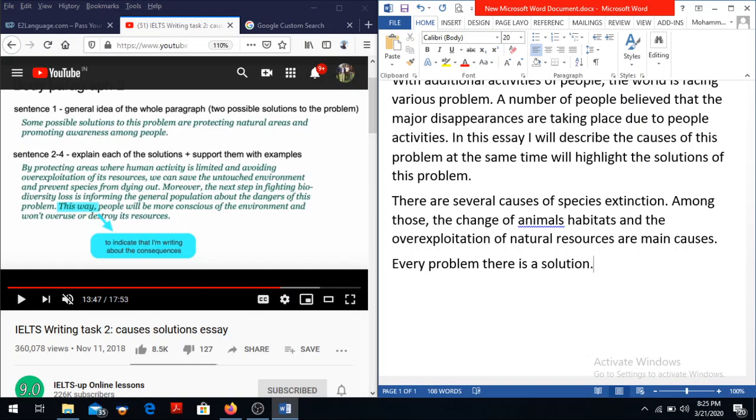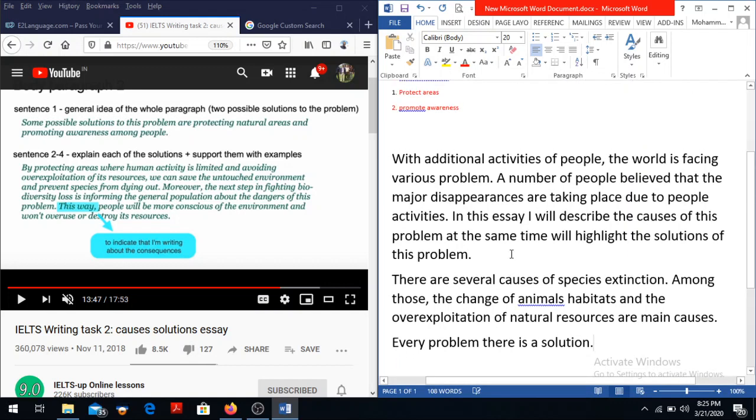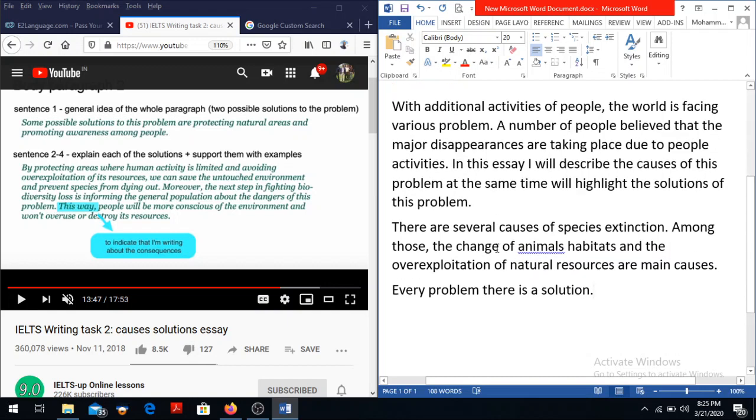Then by protecting areas where human activities are limited and avoiding overexploitation. Like we said, in the problem, humans are exploiting more and more things.